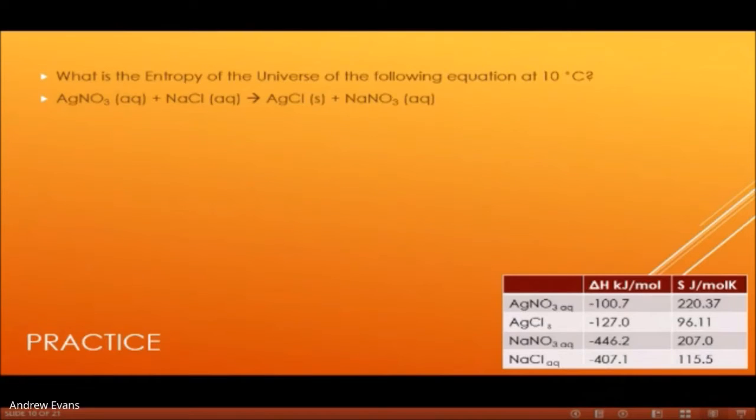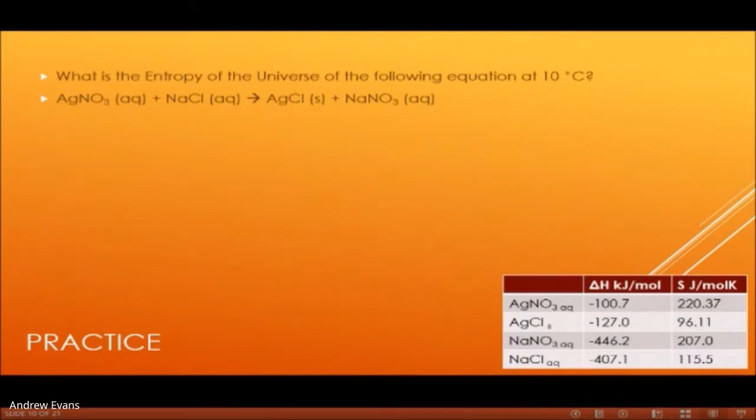And NaNO3 is negative 446.2 and 207.0. And the last one, sodium chloride, is negative 407.1 and 115.1. Oh, 115.5. Okay.